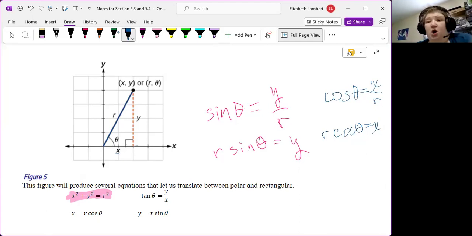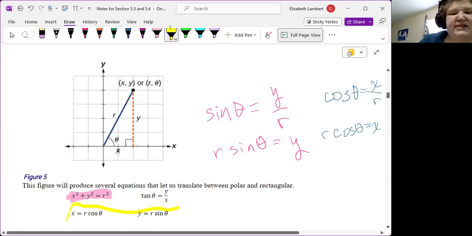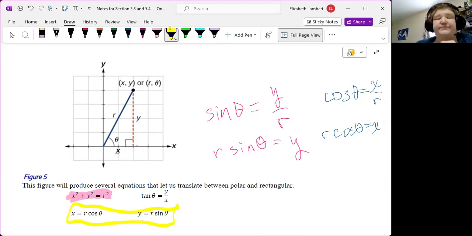So if I give you an r and a theta, then you can use these two guys to figure out what the x and the y would be for that r and theta. Now, there's a whole bunch of different r's and thetas that'll arrive at the same point. All of them would evaluate to the same x and y value.